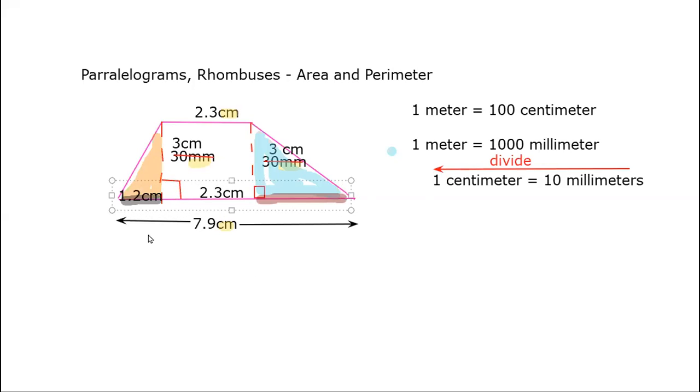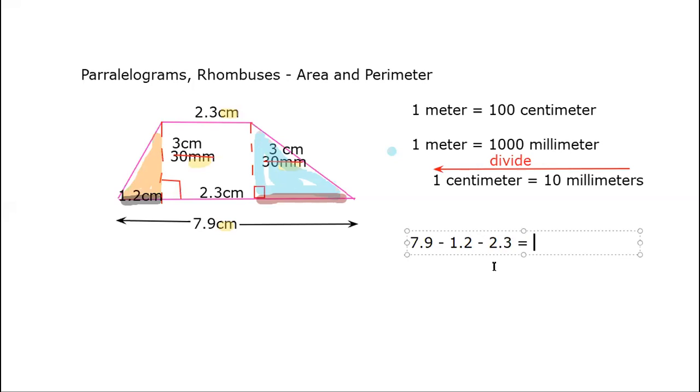How would I figure out the base of the blue triangle? Well, that's 7.9 minus 1.2 minus 2.3. So when we do that subtraction, we'll be left with that base of that blue triangle that we've created using the height or the altitude of this trapezoid.